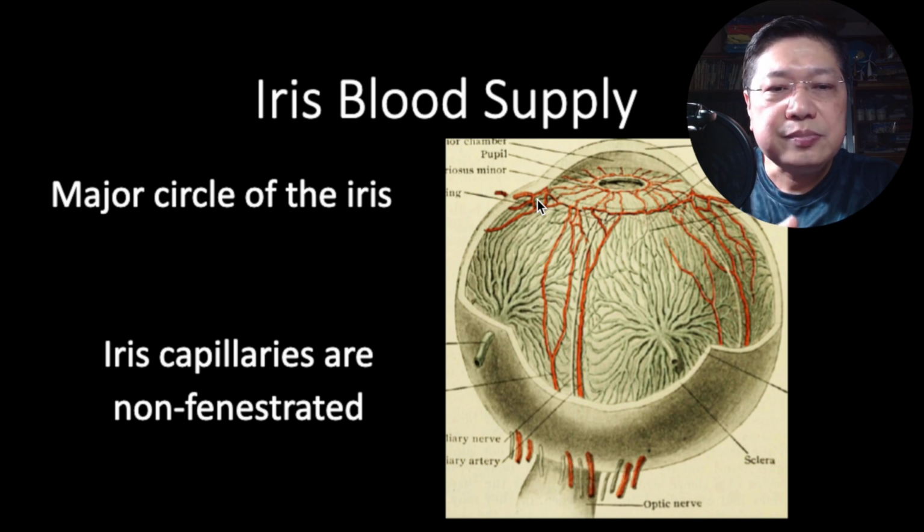And iris capillaries are non-fenestrated, meaning they do not leak, or they're not supposed to leak. Unlike the capillaries inside your kidneys, which are fenestrated, these are non-fenestrated and they're not supposed to leak. If you notice, the major circle of the iris is supplied by blood vessels coming from all over.